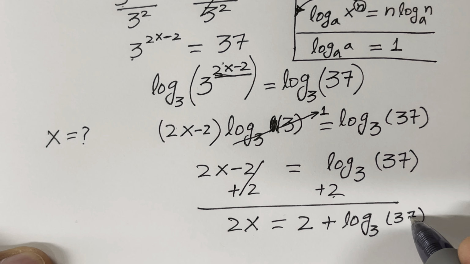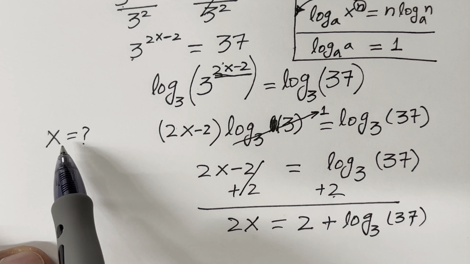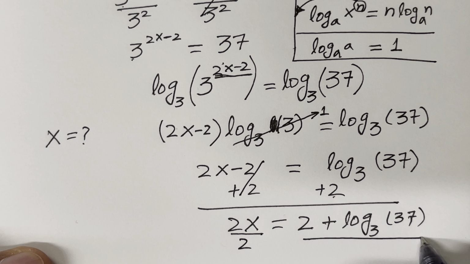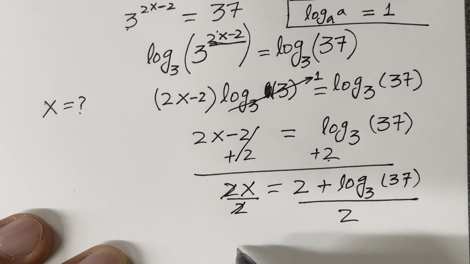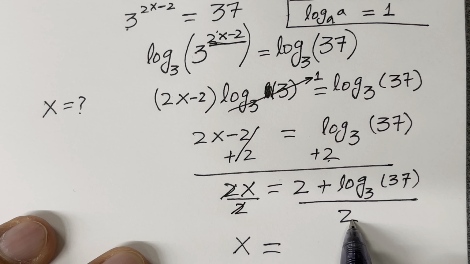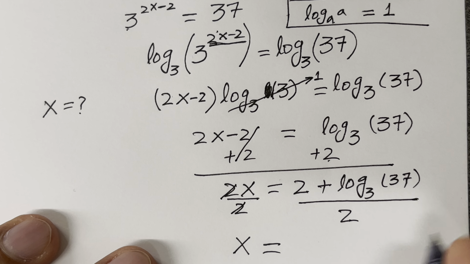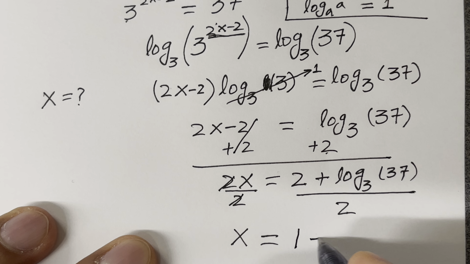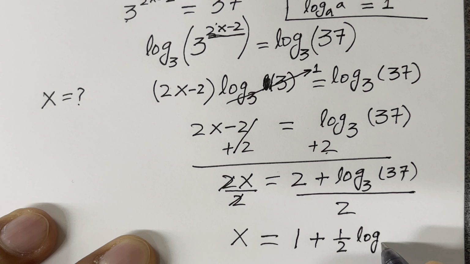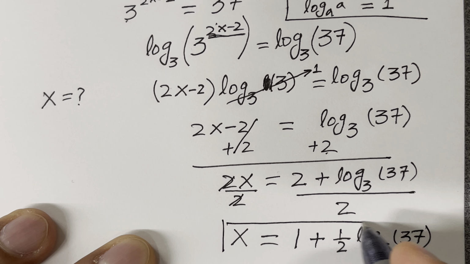And now you are just one step away from your answer. Guess what we would like to do? We would like to divide by 2 on both sides. So on the left hand side we have x, and on the right hand side you can distribute this 2 as well. So 2 divided by 2 is equal to 1 plus 1/2 log base 3 of 37.